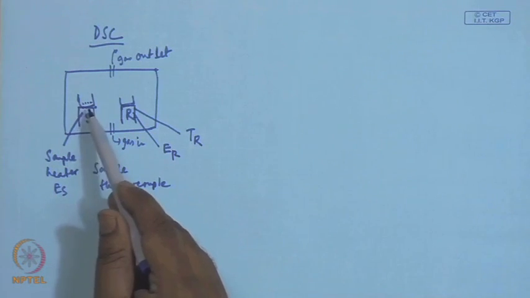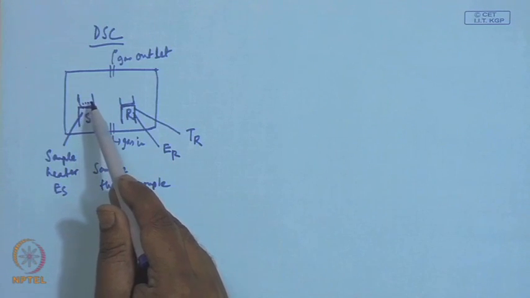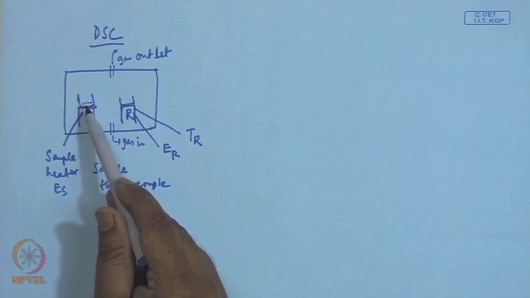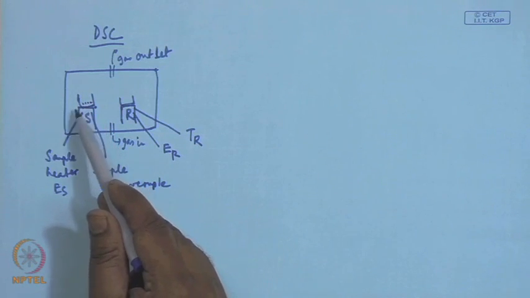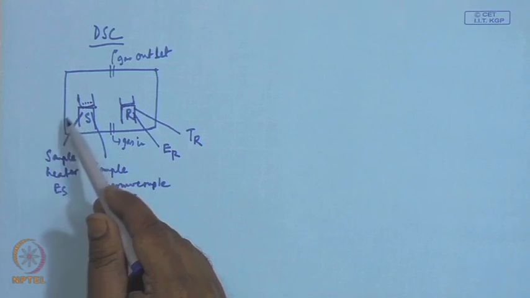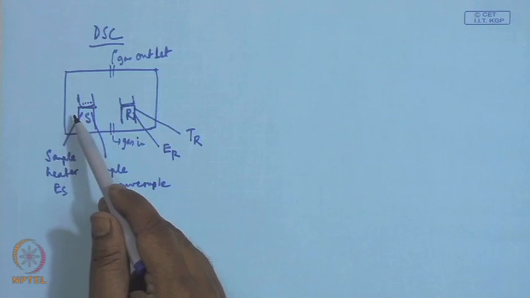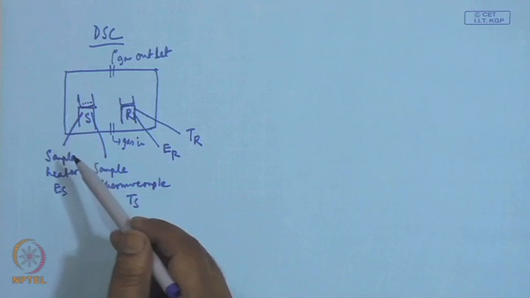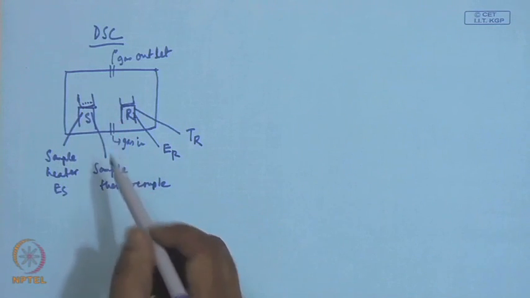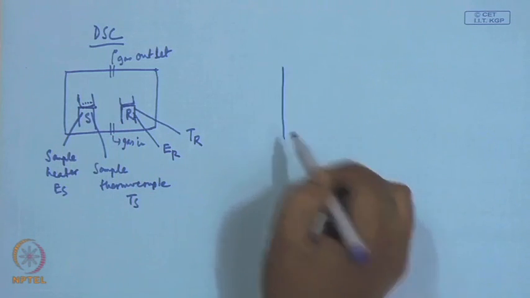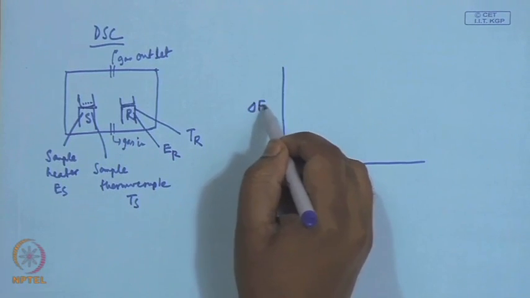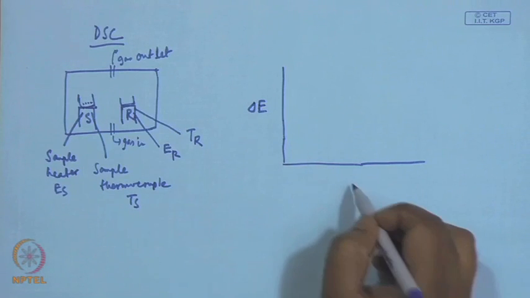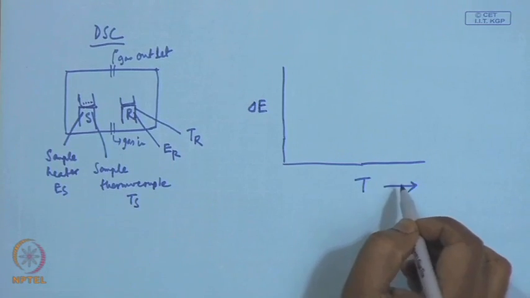If there is some exothermic or endothermic transition or reaction going on, then to maintain the temperature, the system has to supply more energy from outside. Basically, in this case, energy supplied is plotted against temperature.